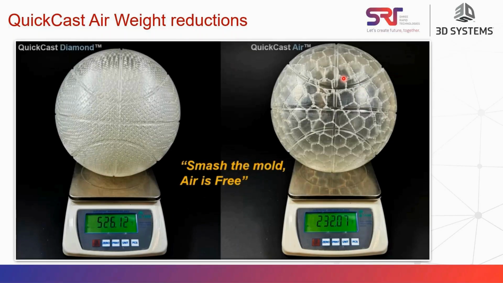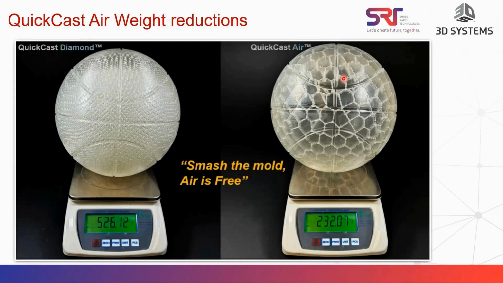They also took an example of traditional methods. If you want to manufacture a similar basketball in wax, it weighs roughly 6.5 kg. 3D Systems has considered $5 per kg for injection molding wax, so it is something around $30 to produce this basketball by traditional methods.